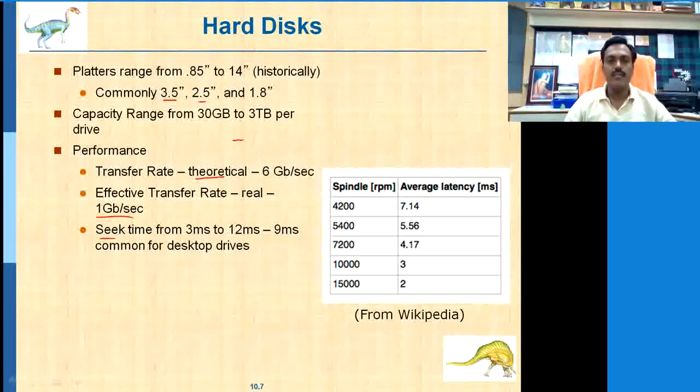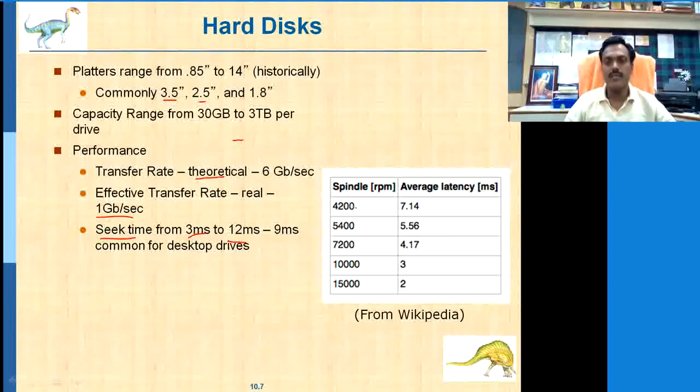Now the seek time needs to be considered while designing the hard disk. The seek time varies from 3 milliseconds to 12 milliseconds. If it is less than, say, 3 milliseconds, then the transfer rate is very high. Now I have taken this data from Wikipedia.